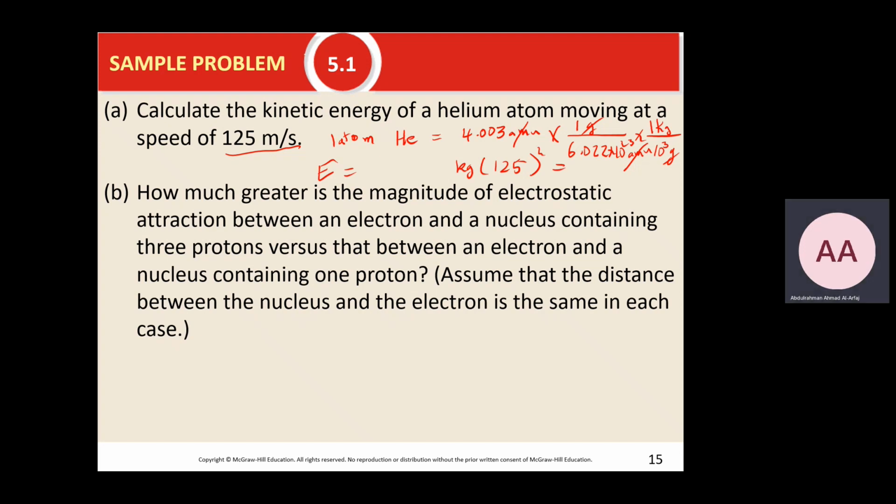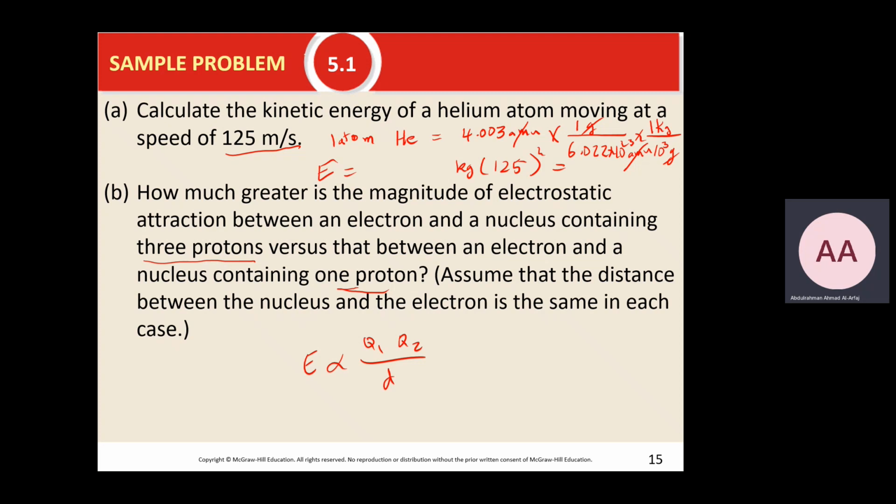Okay, now we have here another thing, which is electrostatic energy. We remember that energy is proportional to what? Q1 times Q2 divided by D. If we have the same distance, but we change the nucleus containing 1 proton to another nucleus that contains 3 protons, what will be the difference?